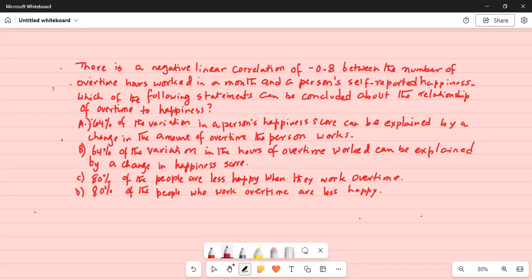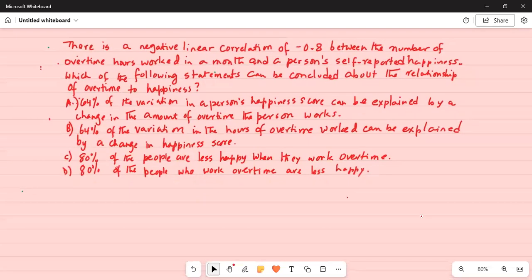So let's create some space. Let's keep it here. Okay, here we have to understand what is the negative linear correlation.